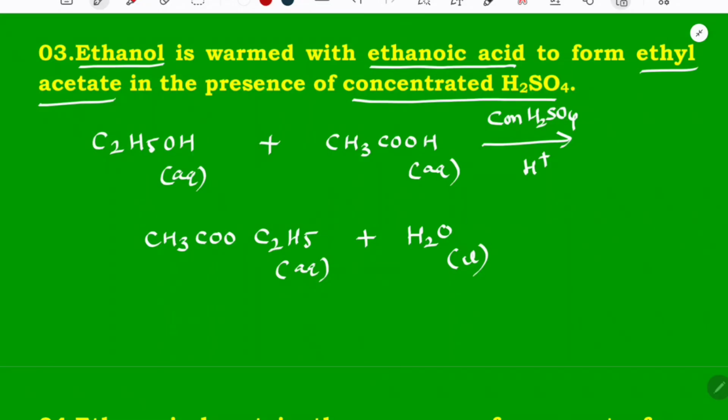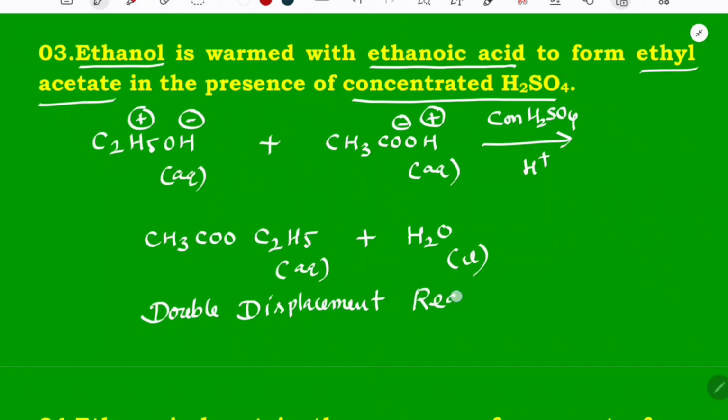So what type of reaction is this? Plus minus, minus plus, so mutual exchange of ions takes place. This is also a double displacement reaction.